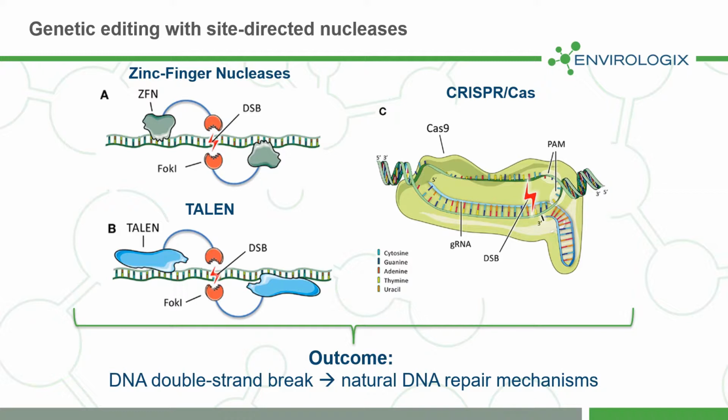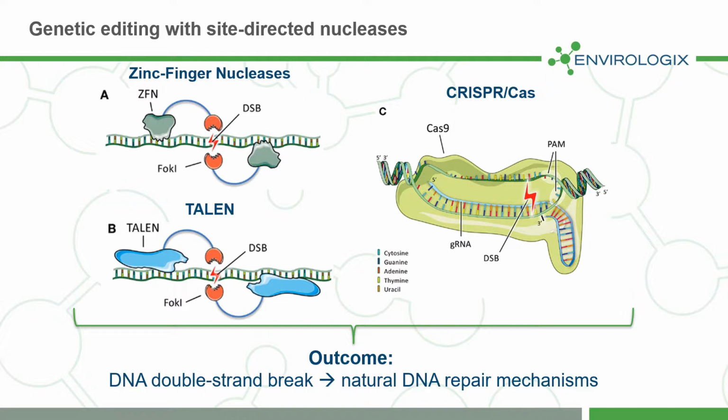Genetic editing is accomplished with site-directed nucleases, and there are three major classes. Zinc finger nucleases were the first that were published for use in biotech. TALENs is another. And then a lot of the buzz around genetic editing has focused on the technique CRISPR or CRISPR-Cas.